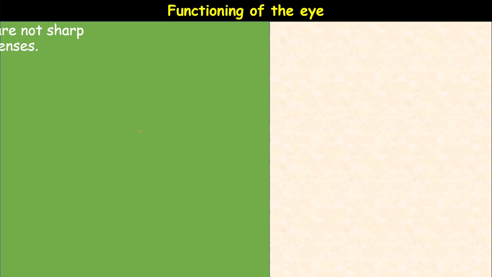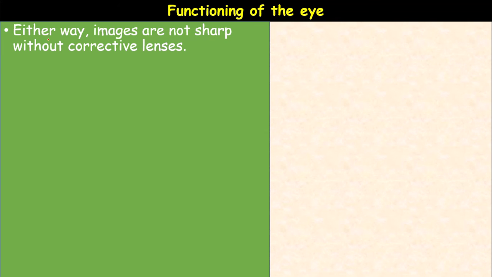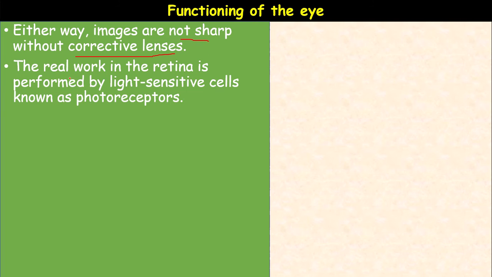The functioning of the eye we are discussing. Without corrective lenses, images are not sharp. So, we ended the last class with myopia and hypermetropia, that is short sightedness and long sightedness. The real work in the retina is performed by light sensitive cells known as photoreceptors.